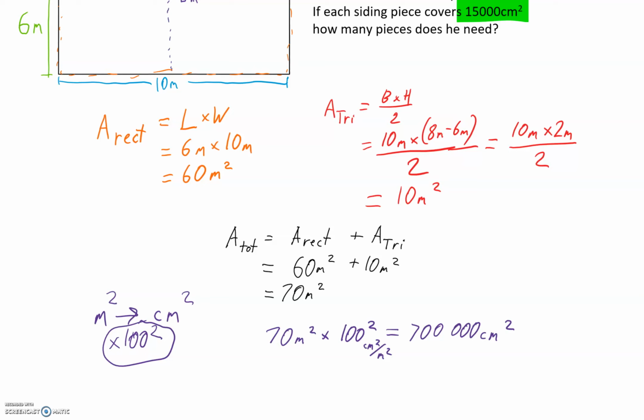So divided by that 15,000, sorry, that we talked about earlier per piece. And we get 46.7, which you would round up to 47 pieces.